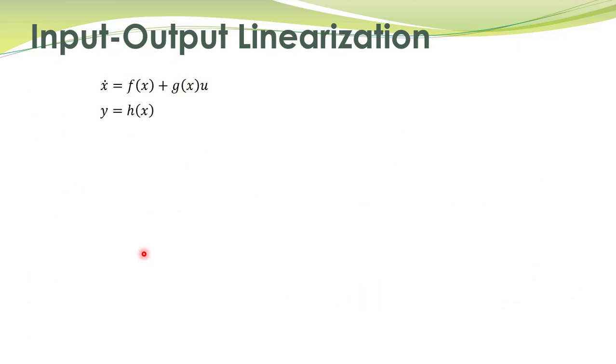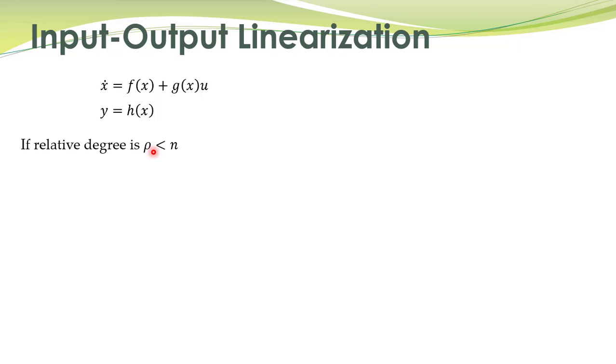To talk about the situation when relative degree is less than n, we again consider this nonlinear system described by these state equations and the output equation, and we take the case relative degree less than n.